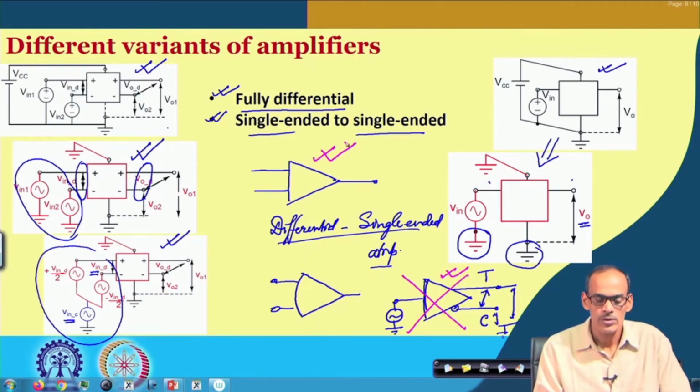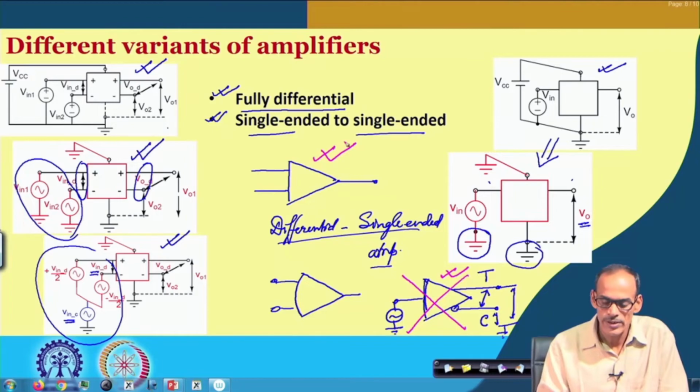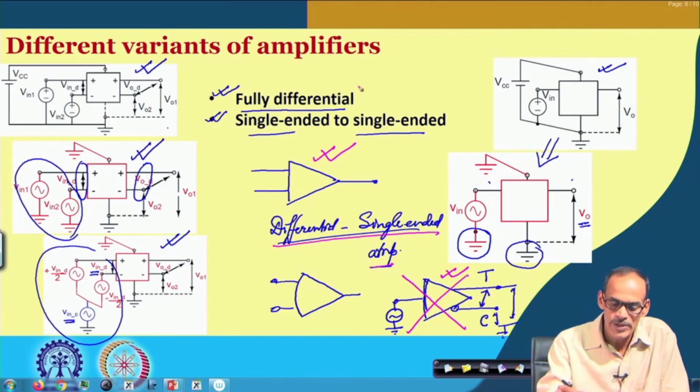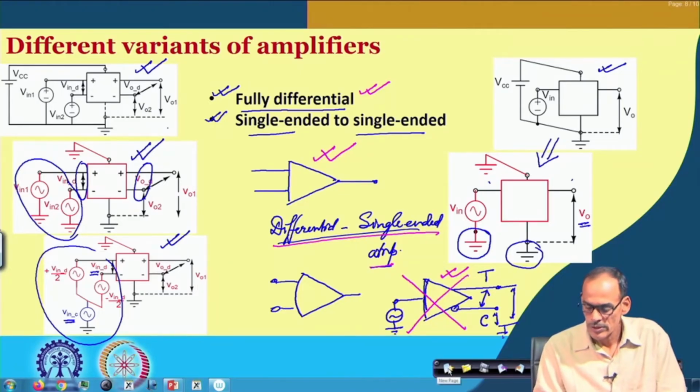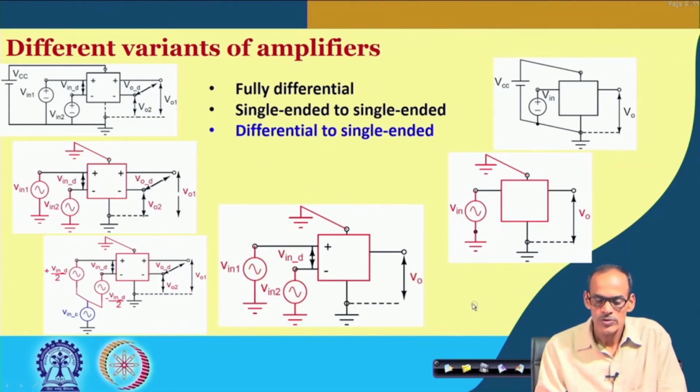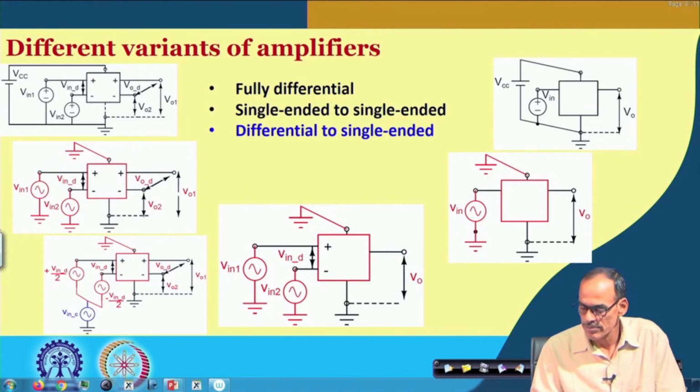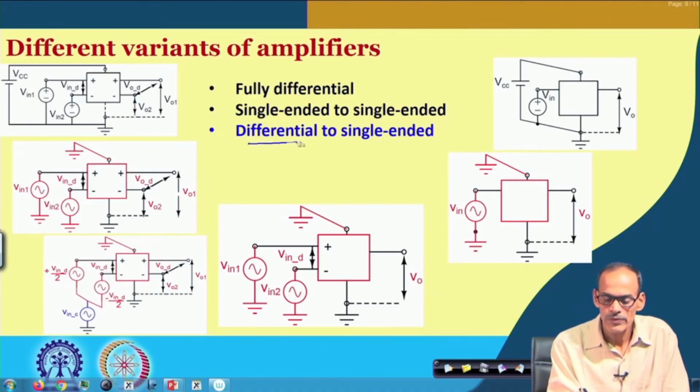So, it is better to see the difference of this differential to single ended amplifier with respect to the fully differential amplifier. In the next slide we are going to give a little hint how this differential to single ended amplifier is really different.